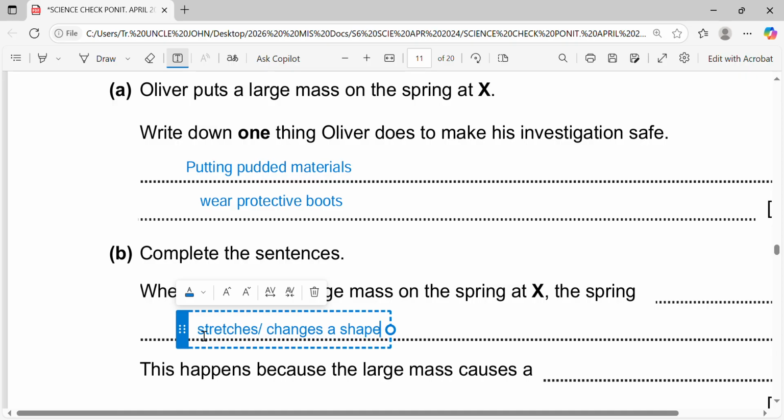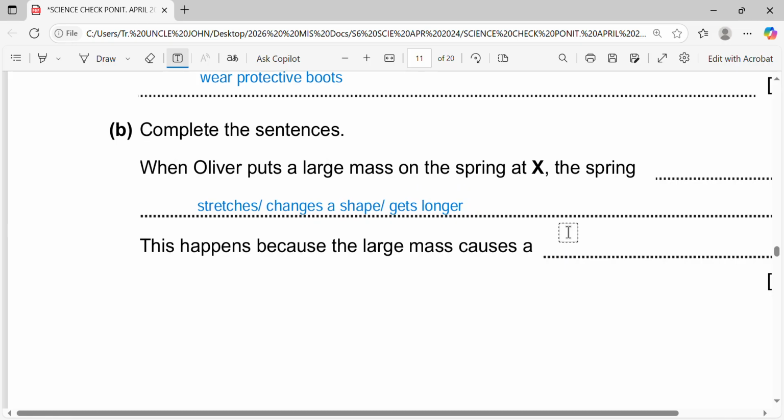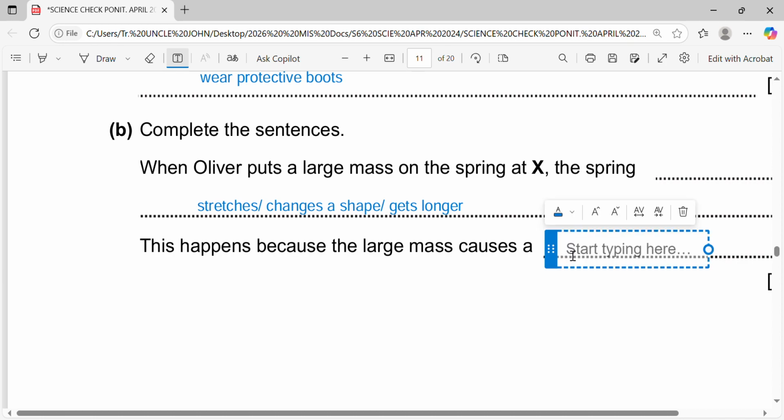Or you can even say the spring gets longer. This happens because the large mass causes a force or a pull.